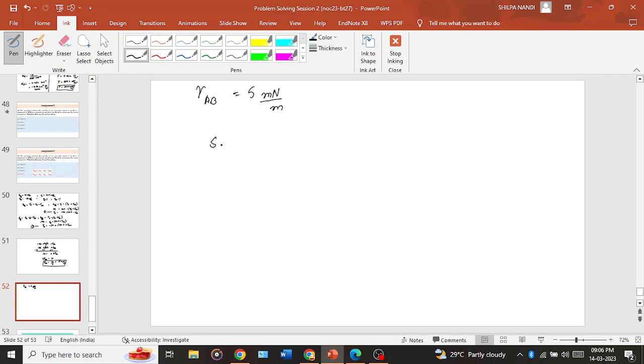Now if I go to the first equation wherein we talked about the spreading coefficient of B by A, it can be written as this one, and if I fill in the values, we already know this, we already know this, and we don't know this, but now we know gamma AB.